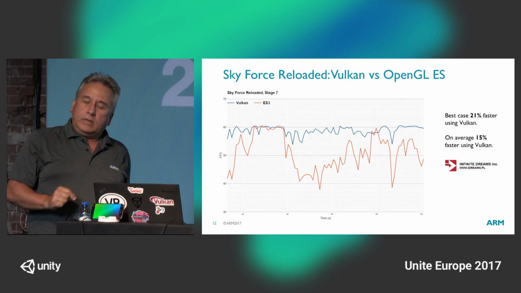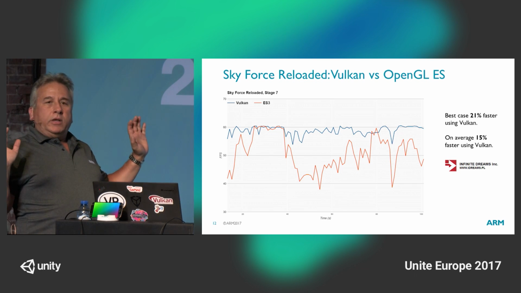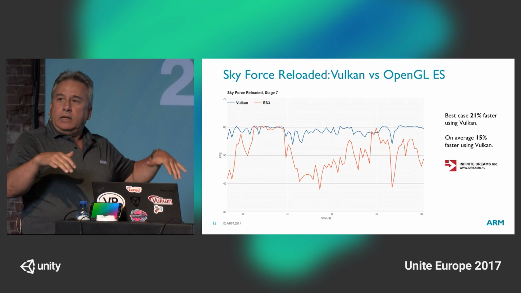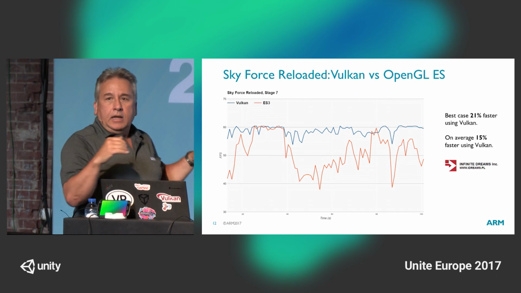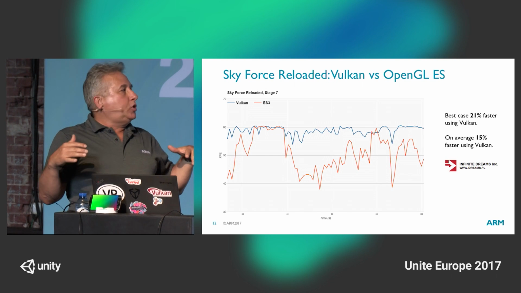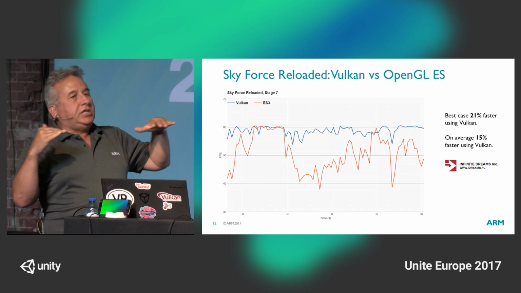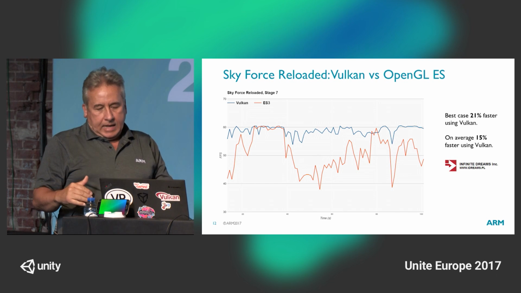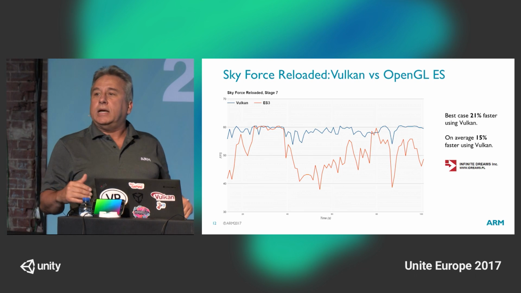Let's prepare another synthetic benchmark where they started adding more graphics effects to the scene, more complexity, in such a way that at some point even Vulkan struggled to achieve 60 FPS. And at that point, they compare that with OpenGL ES.